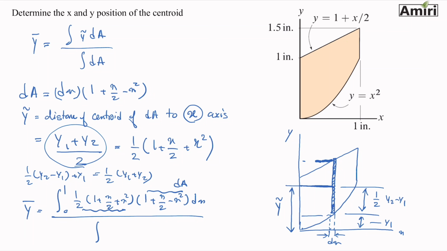Over dA, same as before, 1 plus x over 2 minus x squared dx. If you do the math for this one and do the integration, you will get 83 over 120. This will be 11 over 12. And you get 83 over 110. Thank you very much.